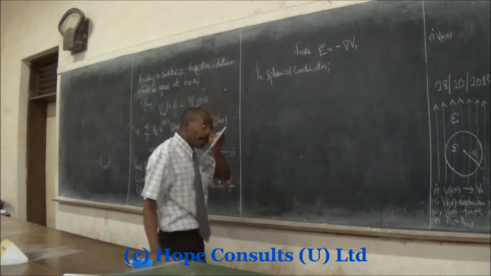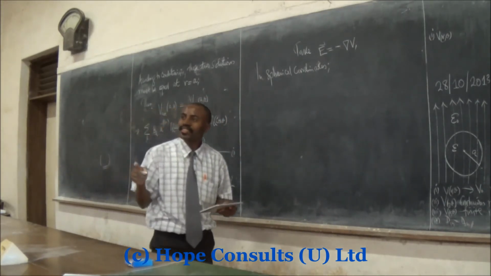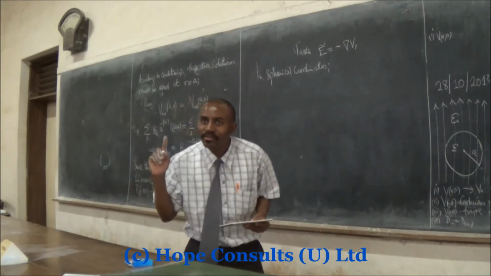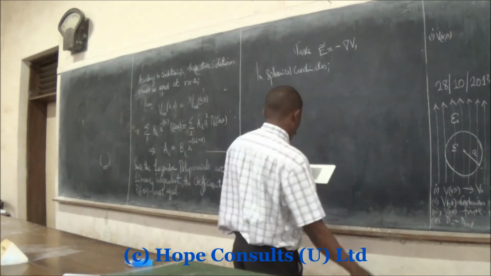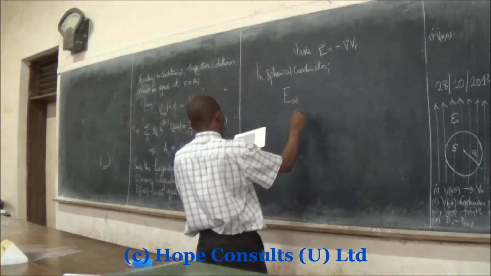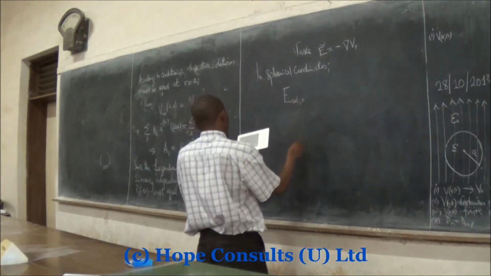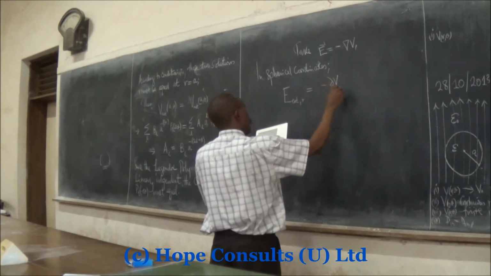You know that grad V in spherical coordinates is one of, anyone remember? This is the identity section of the test. You will see this. So E external, the radial component, will be equal to minus ∂V external by ∂r.